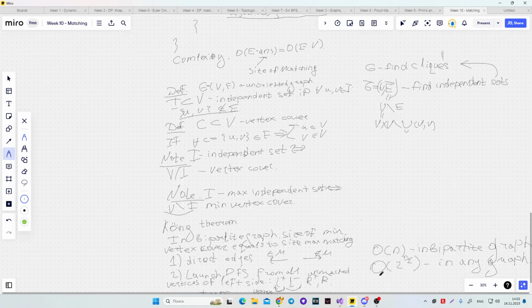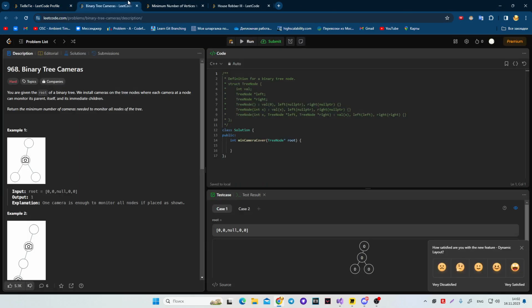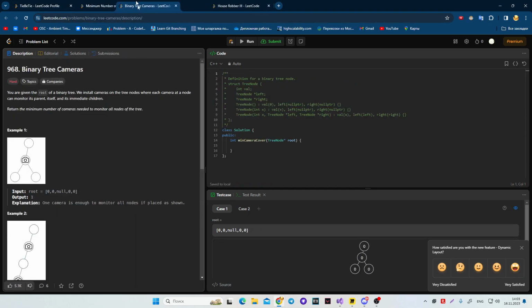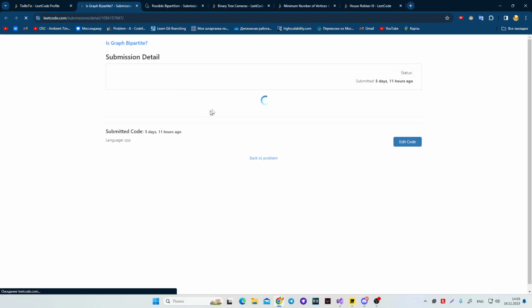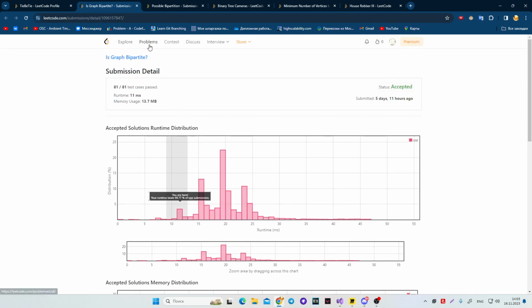But before this, we consider some tasks on LeetCode. Okay, so consider this task.